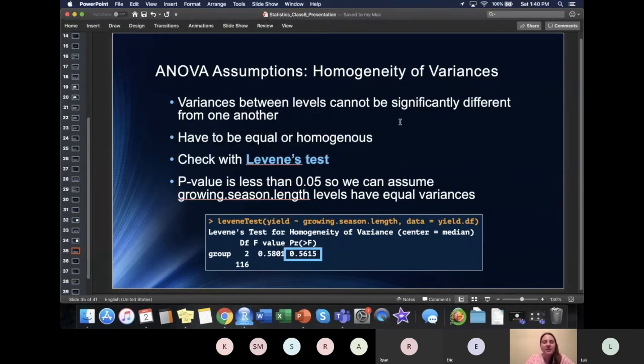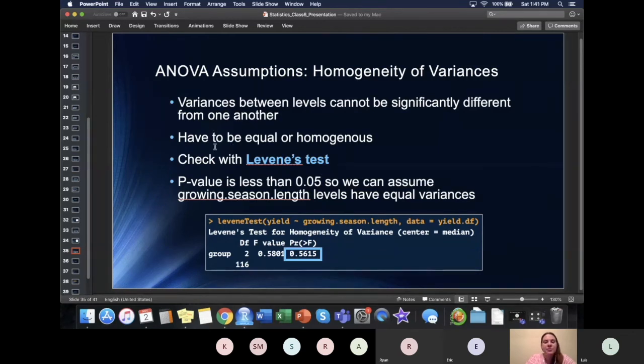If the variances are significantly different from one another, we cannot run this test, or we have to run it with a correction on it. Usually it penalizes the error value, and it makes it harder to achieve statistical significance. Again, Google that. I'm not going to go over it today. There's too much. So our variances between levels cannot be statistically significantly different.